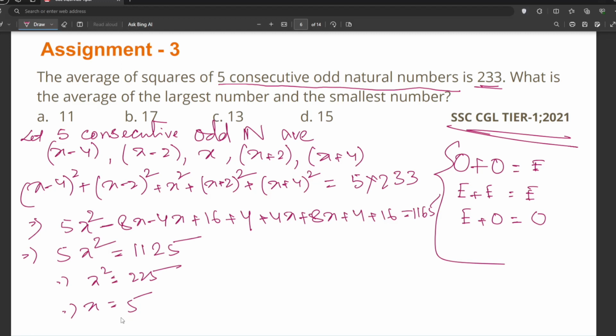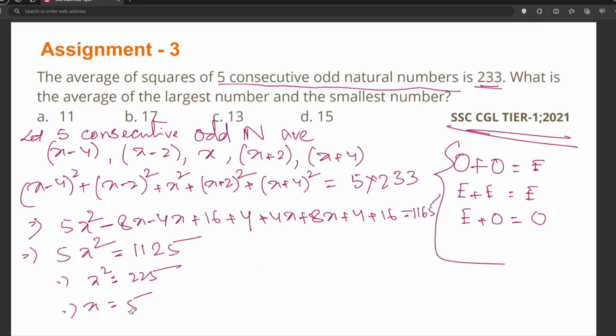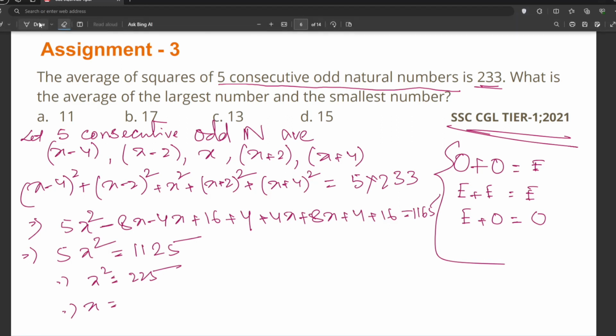So the odd number is 5 and the largest odd number, that means x plus 4, that means 5 plus 4, this is 9, and smallest odd number, this is 5 minus 4. Oh, sorry students, square root of 225 is 15.